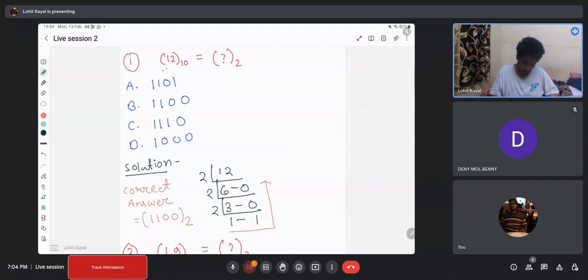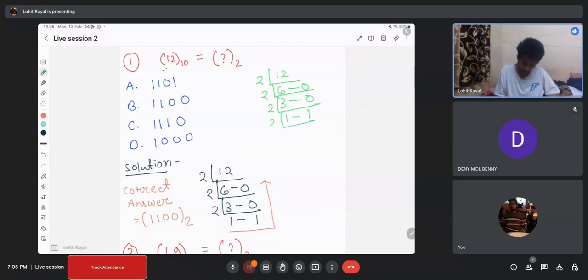To solve the problem, you need to proceed like this. 12 divided by 2, you get 6, where 0 is the remainder. Again, divide 6 by 2, you get 3 and 0 as a remainder. Again, you get 2, then 1, then 0. Then you get 1 and 1 as a remainder.